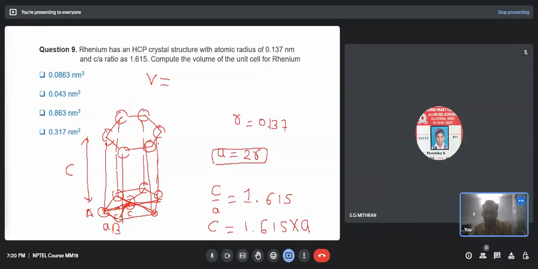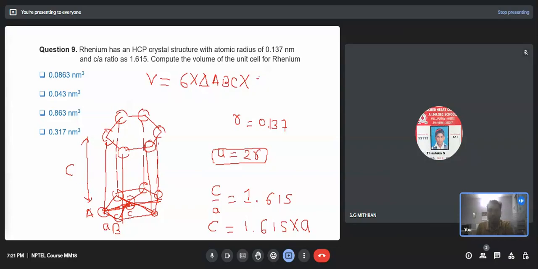So the area of this will be one sixth of the area of the bottom plane. So we'll consider 6 times area of this triangle ABC, and the height of the HCP unit cell.